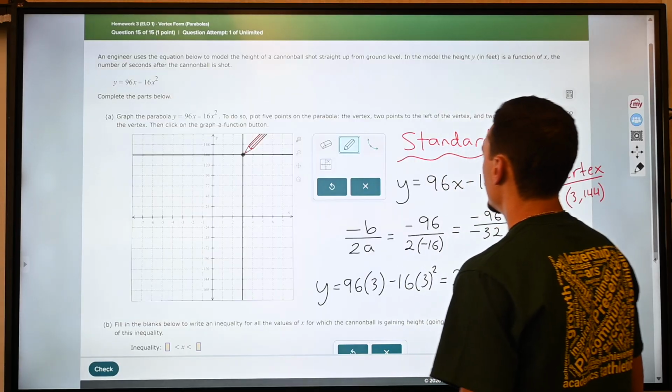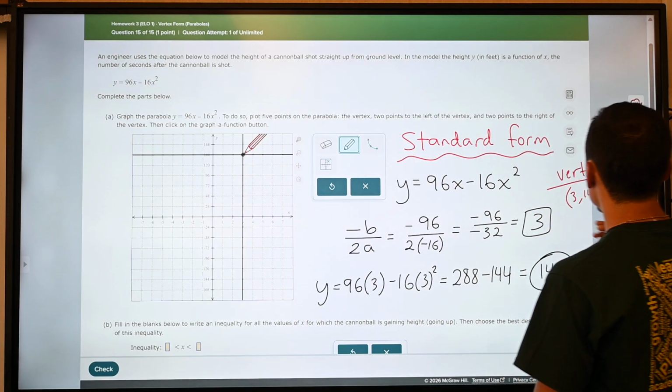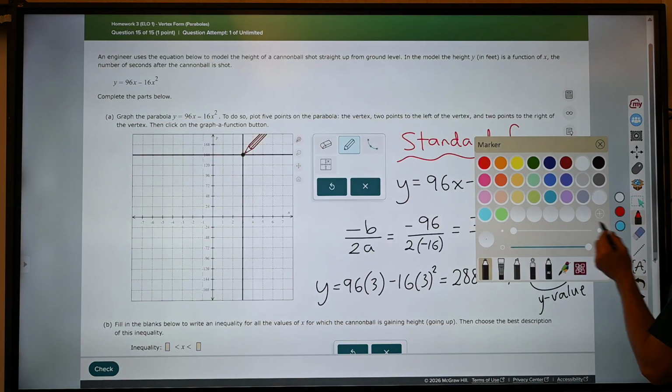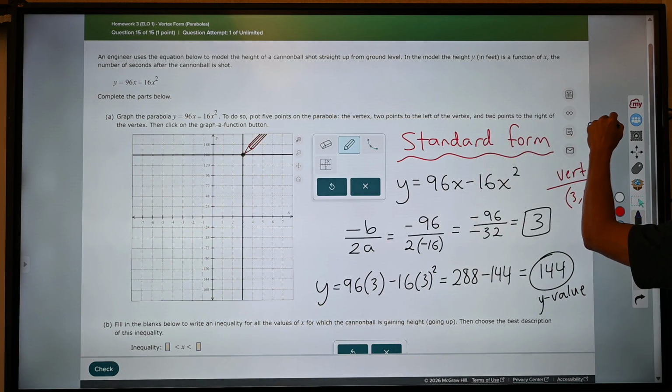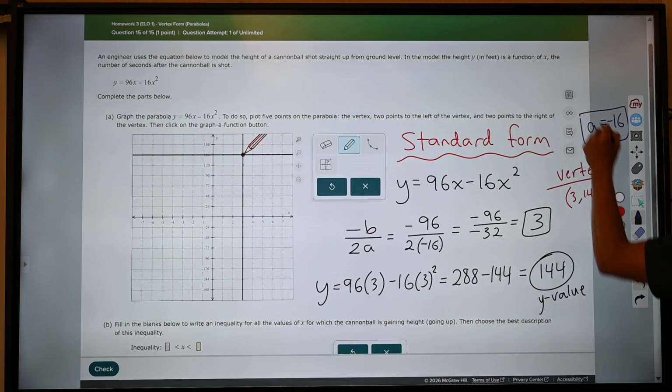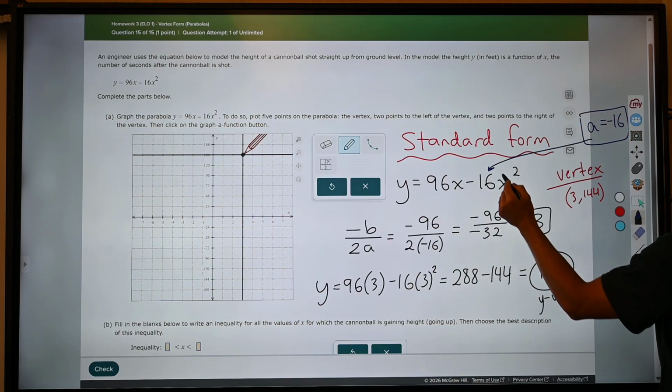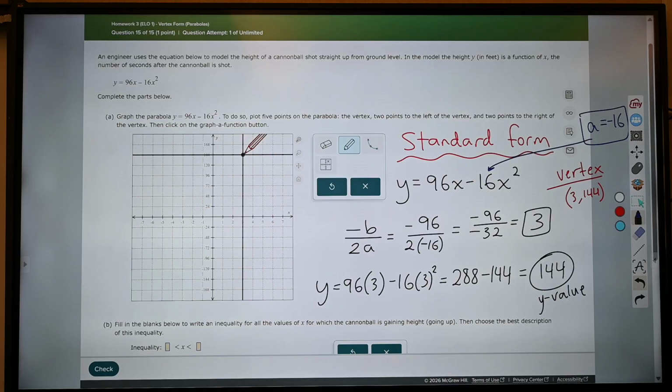There we go. And then we need to go with an a value of negative 16, which means we need to go down 16 and then down 64, which means our coordinates will be 4, and, oh boy, what's 144 minus 16? 144 minus 16.